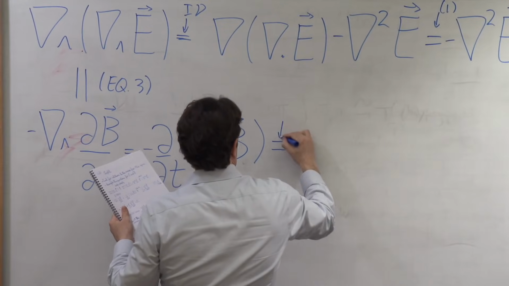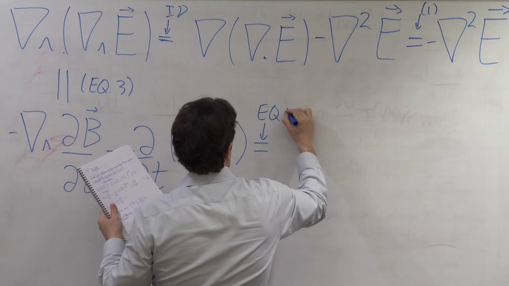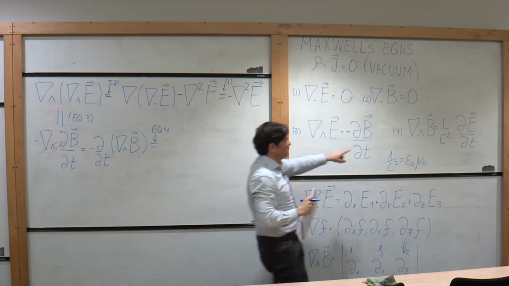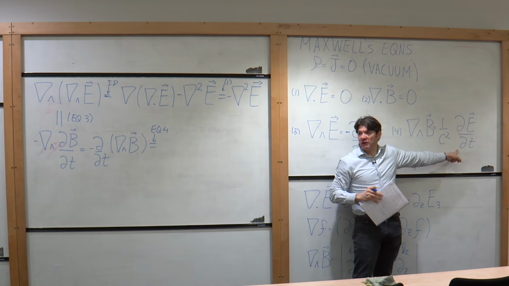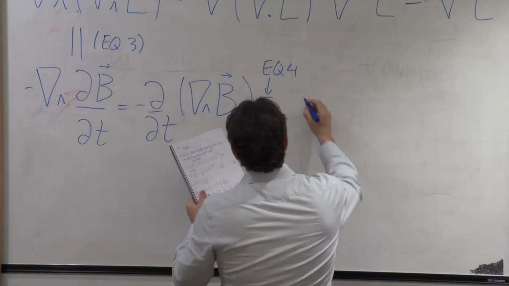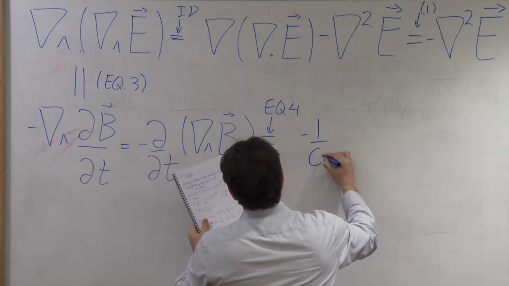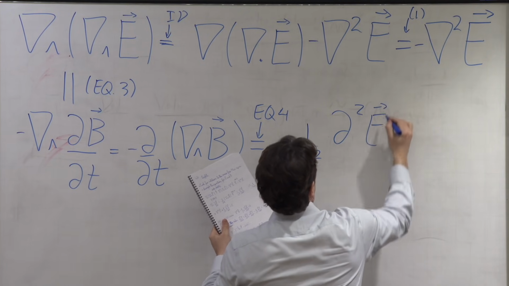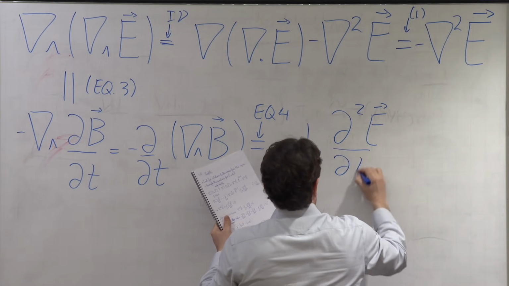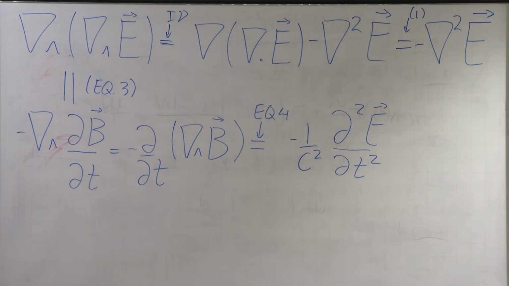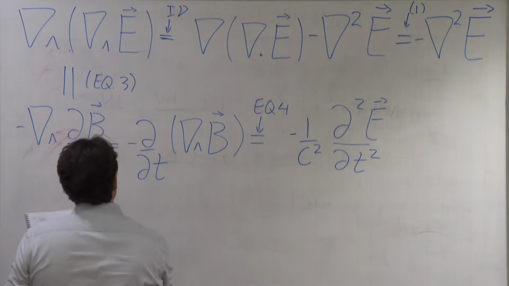And now we use equation 4 to write the curl of B in terms of this derivative of E with respect to t. Okay? And from this, we deduce that this is minus 1 over c squared, d squared E over dt squared. Beautiful.